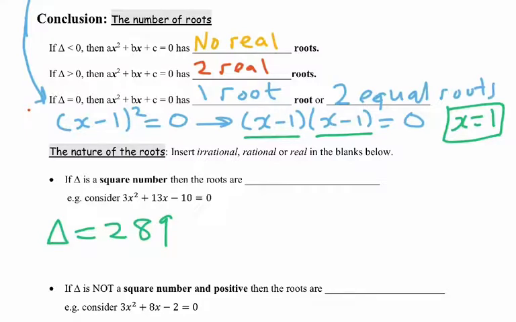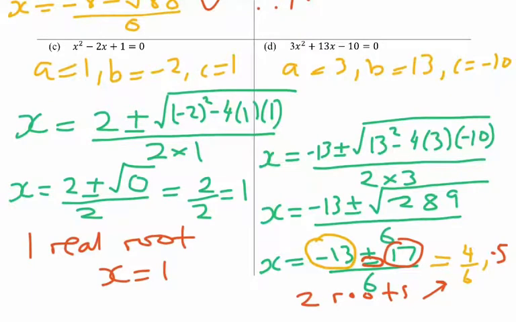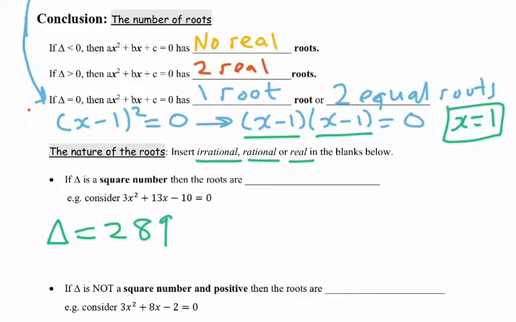Well, you've got to choose one of these: either irrational, rational, or real. Now what happened to the roots? Here we go, there's one root and there's the other root. Now these roots can be written as fractions. Negative 5 is a fraction because I can write it as negative 5 over 1. So that means we know that if delta is a square number, the roots are rational. We also know they're real.